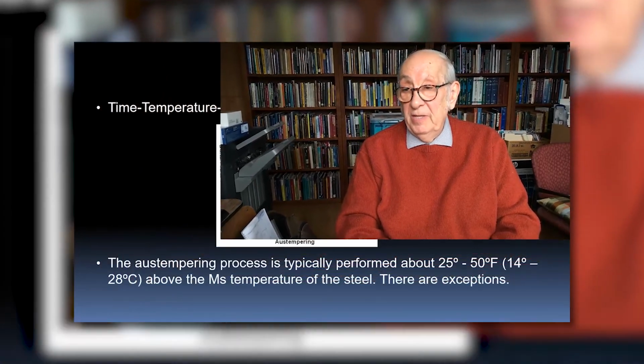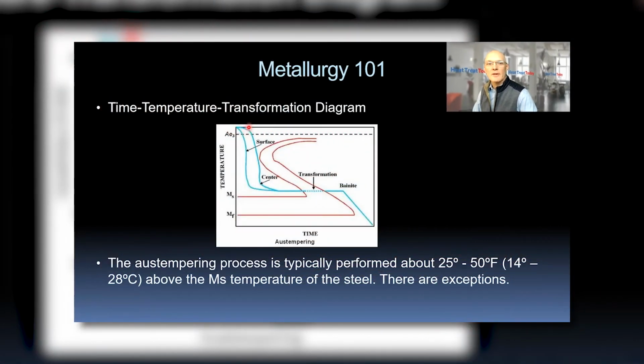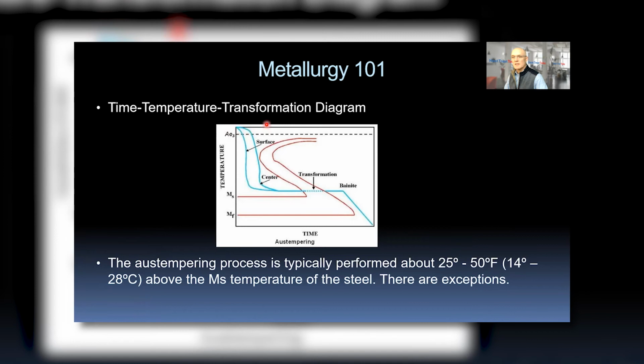In other words, the parts are essentially red hot. They are above the transformation point, so they turn into austenite. So I assume that's here on this image: the austenitic temperature is up above this dashed line, right? That's correct.